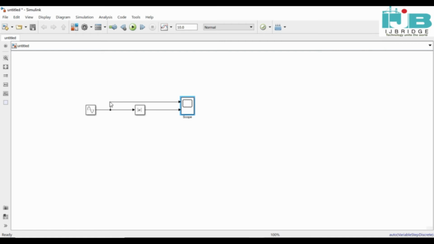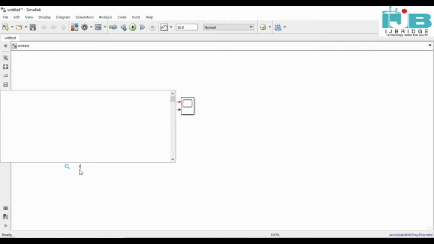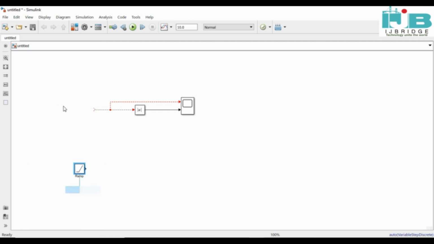What if my input is a ramp wave and the ramp starts from some negative value? Because if we give a positive ramp, we cannot see any change, because the positive number will be passed as it is by this absolute block.